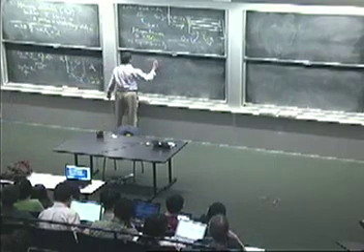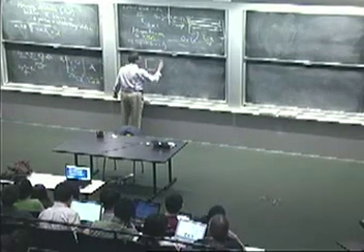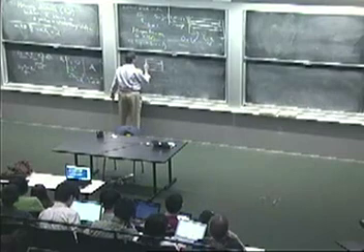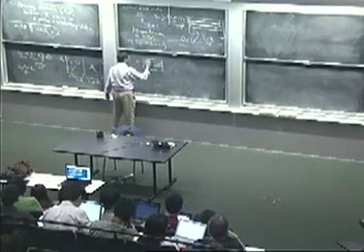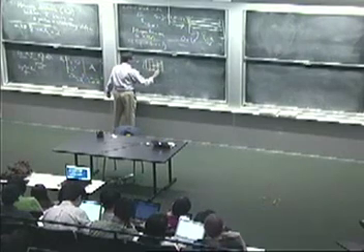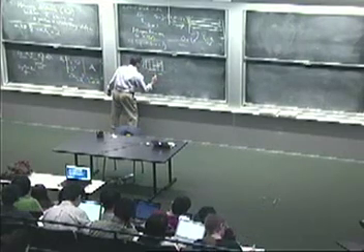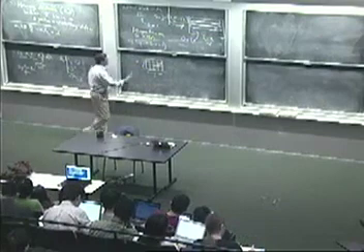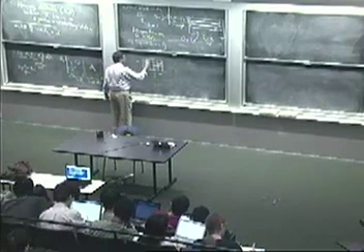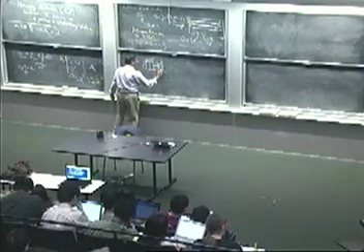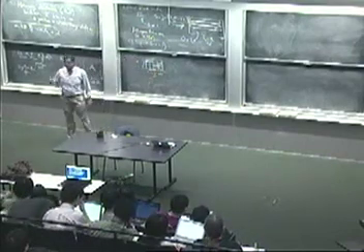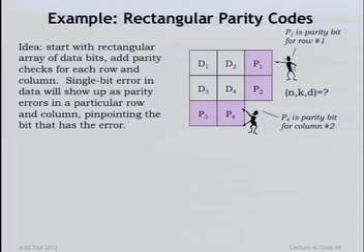So we're going to have R rows and C columns, with the data bits in here. So D1, D2, all the way up to D sub, let's say, R times C, right? In this particular case, R and C are both 2.